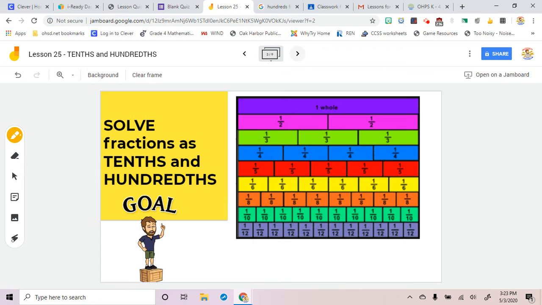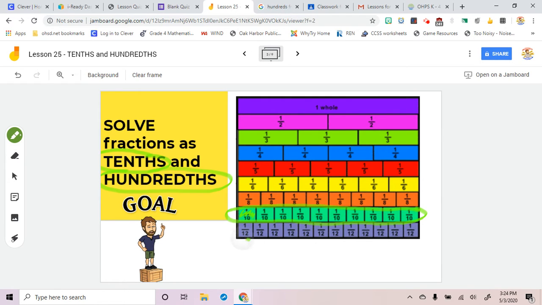All right, so our goal for this week is to be doing fraction problems that are tenths and hundredths. And that's going to be important because we're going into decimals. So tenths, if there is one whole that has 10 pieces, each piece is worth 1/10.